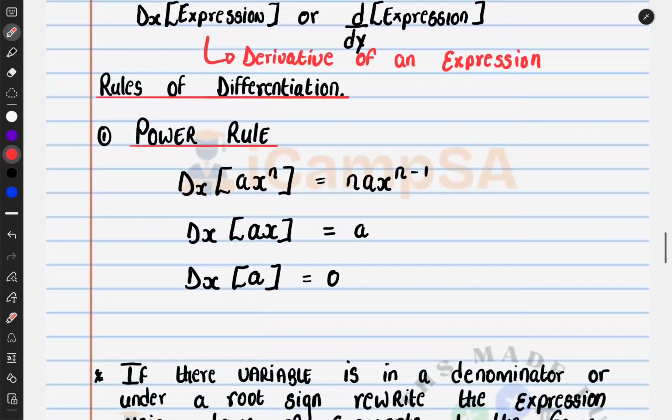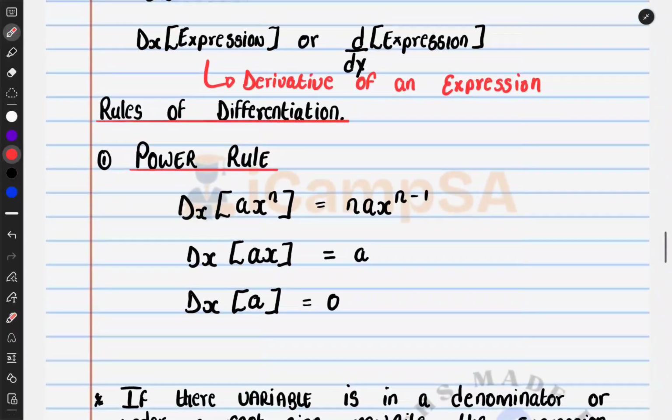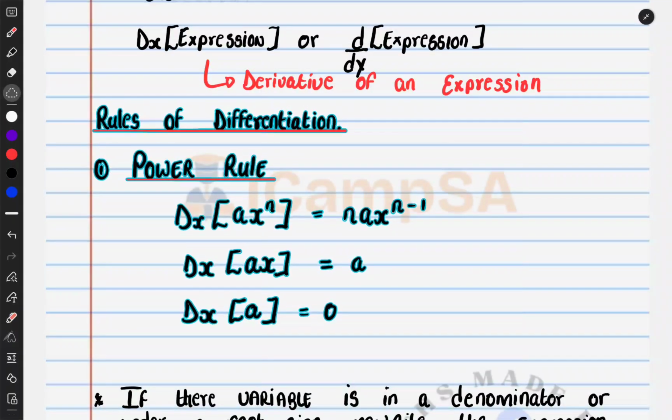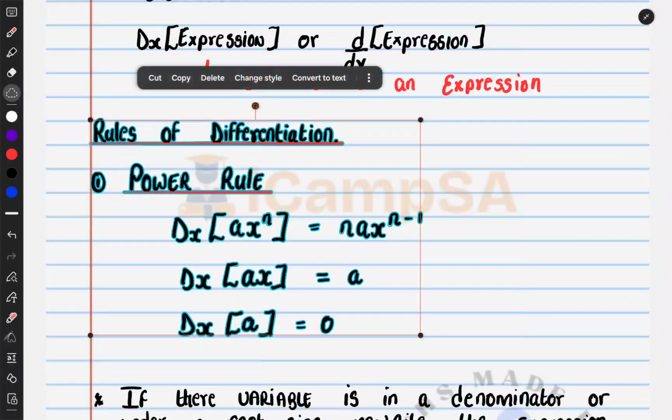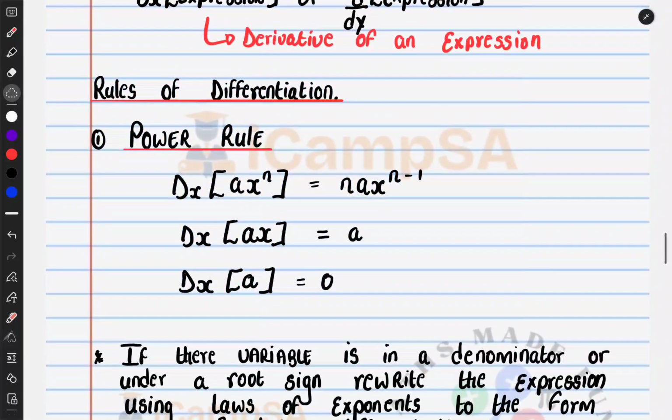Okay, so next we have the rules of differentiation. Rule number 1 we call the power rule. The power rule is basically straightforward. What happens here, we take the exponent of the variable. Remember, the exponent of the variable, not the exponent of a or the coefficient, but the variable that we are dealing with.